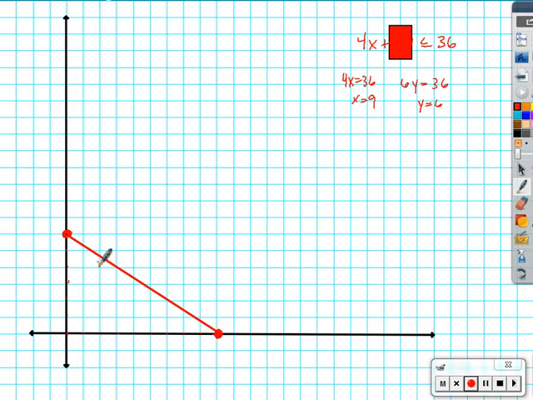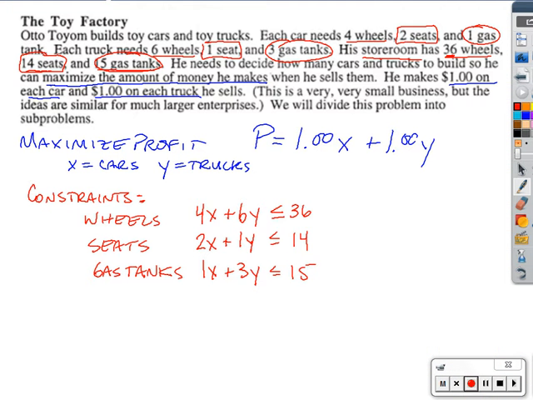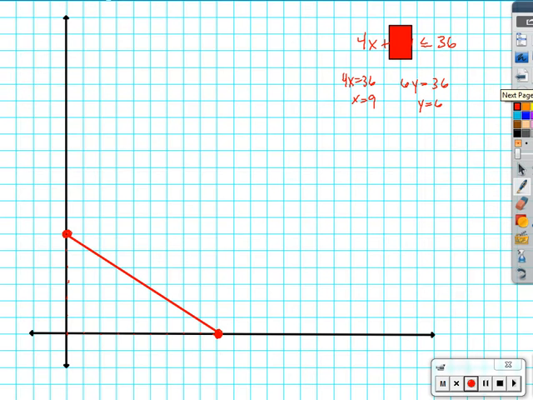Then I do my next one, which was 2, 1, and 14. So now I have 2x plus 1y less than or equal to 14. I'm going to use the same strategy. y equals 14, and 2x equals 14, so x is 7.